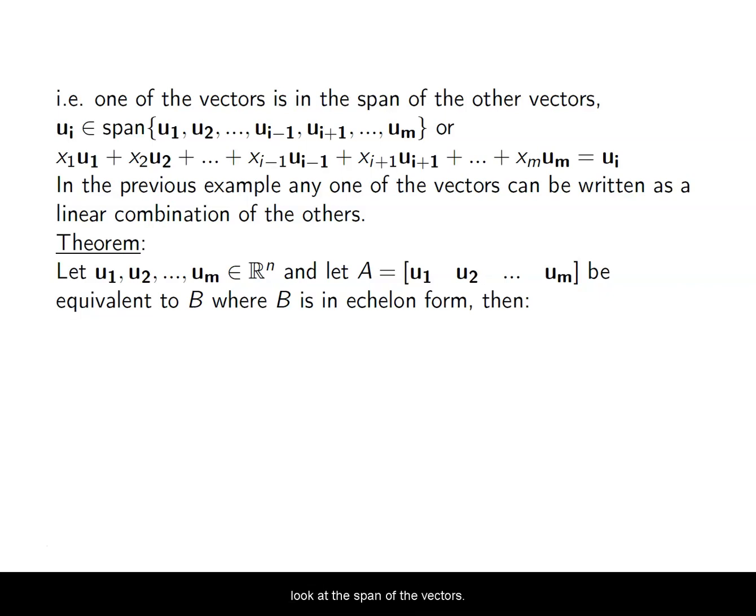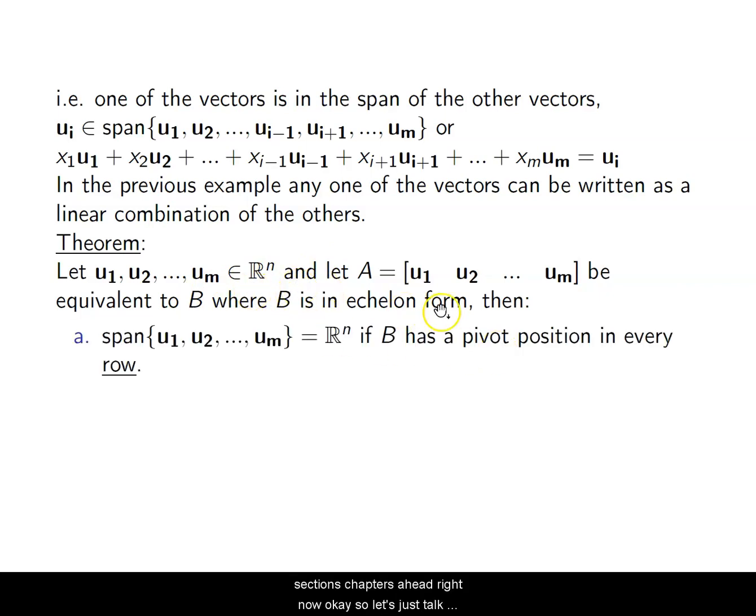If I look at the span of the vectors, if A is linearly independent, B is linearly independent, they have the same solution space. They are equivalent in a lot of ways, although they do not look the same. I'm giving you a lot of information about things that we're going to talk about in depth several chapters ahead.